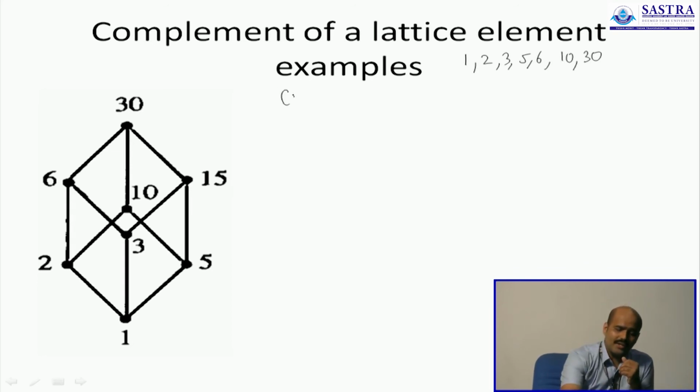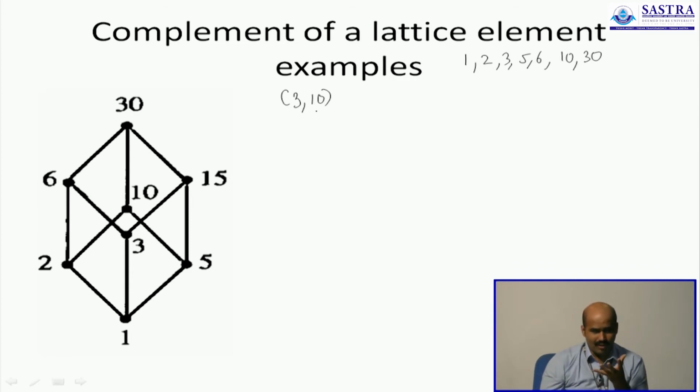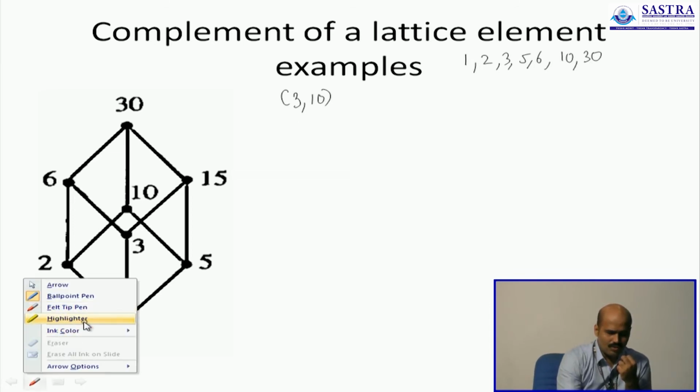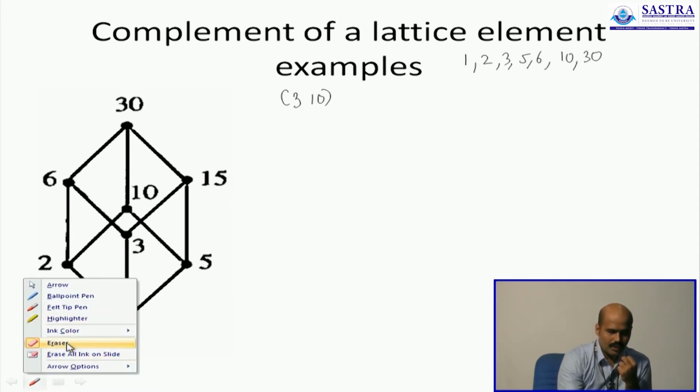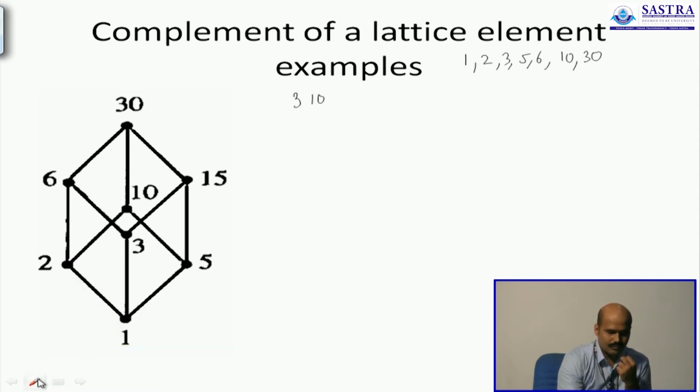Let's say we take 3 and 10. You don't find an ordered pair (3, 10) because 3 doesn't divide 10, 10 doesn't divide 3. So let's consider these individual elements 3 and 10.